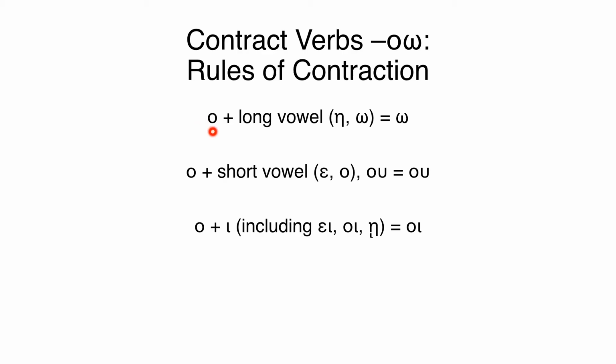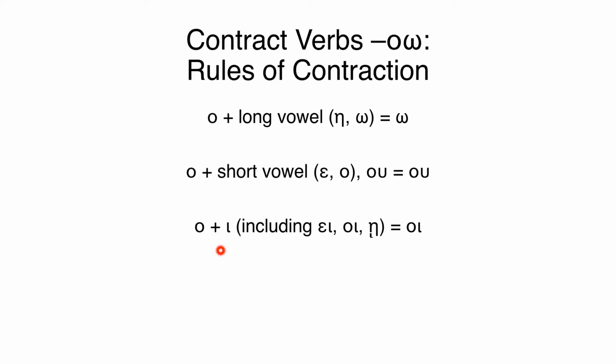When an "-oo" verb, that is, a verb whose stem ends in an omicron, is combined with any long vowel such as eta, iota, or omega, the omicron will convert to omega. When the omicron is added to the short vowels epsilon or omicron, or the diphthong ou, it will turn into the diphthong ou.